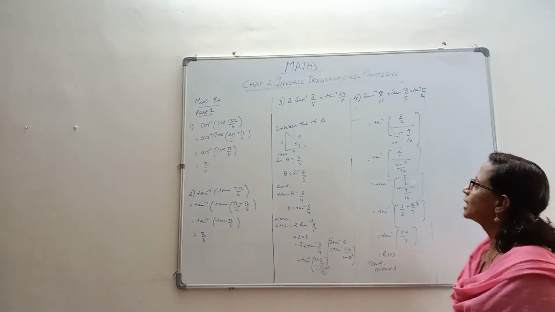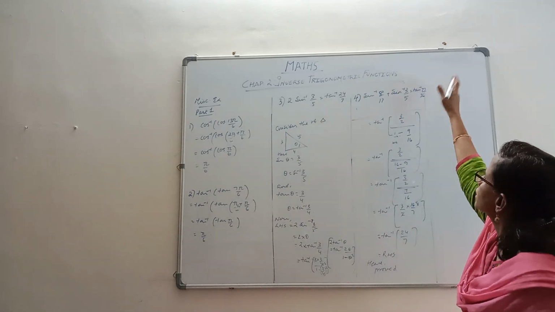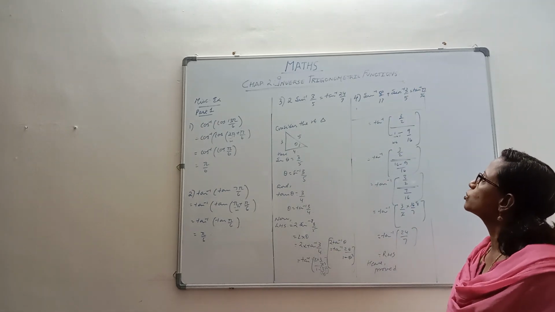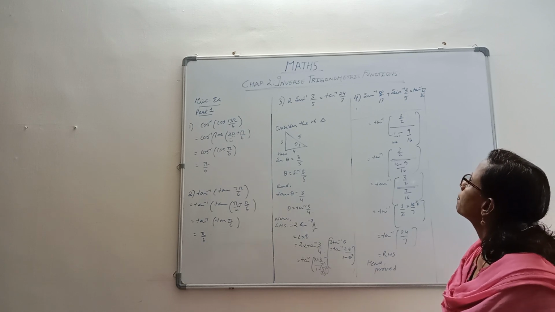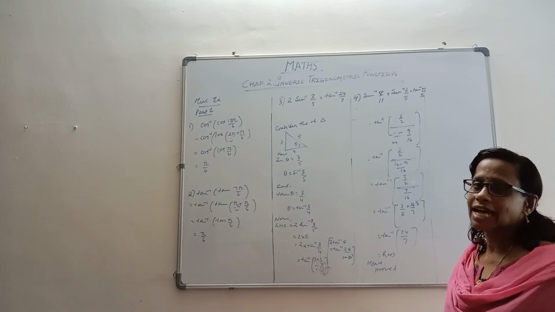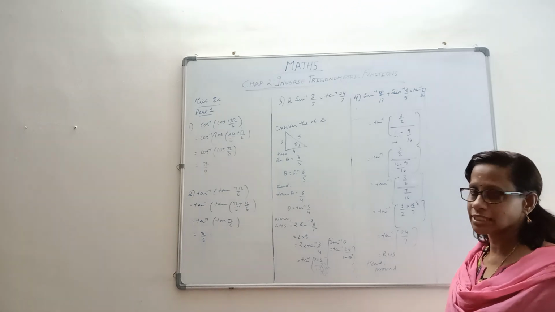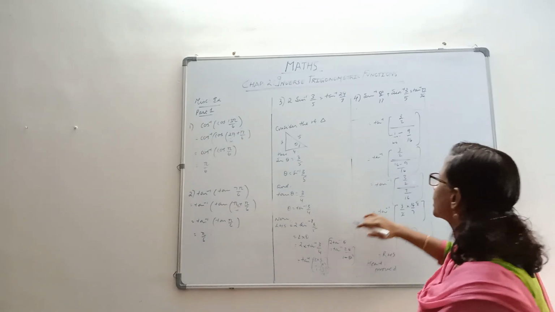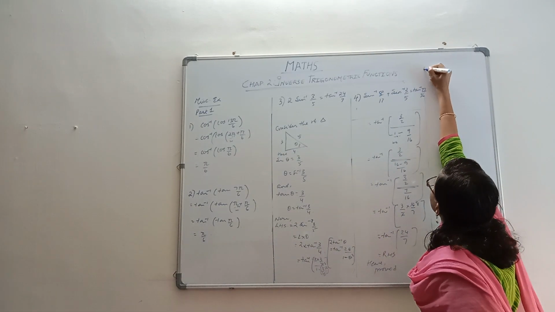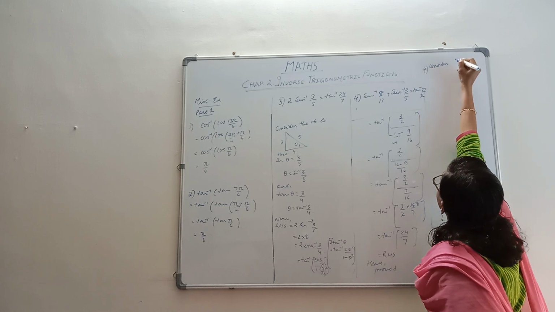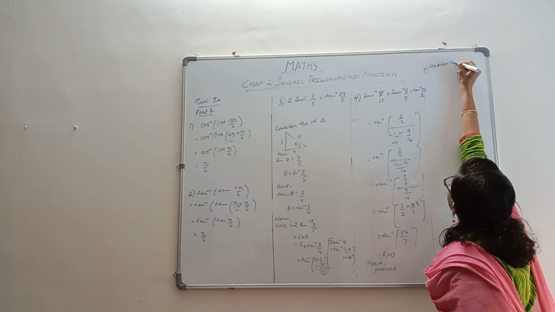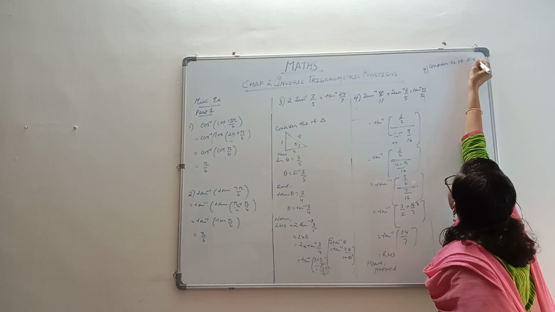Right. So now we move to this problem, and we'll see how we can show that sine inverse of 8 by 17 plus sine inverse of 3 by 5 is tan inverse of 77 by 36. Before we actually start the problem, we will consider the right triangles of the left hand side.